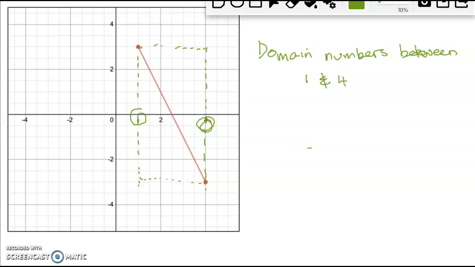And how do I write that in inequality? The smaller number is on the left, the larger number is on the right, and we're talking about domain, so the x is in the middle and the inequality opens to the right, like so.